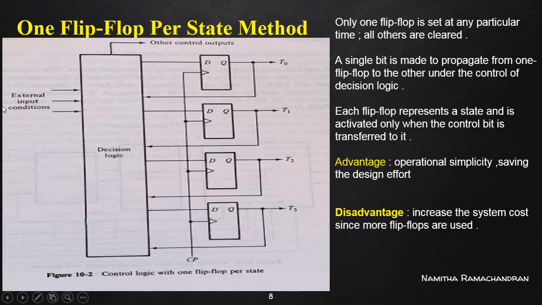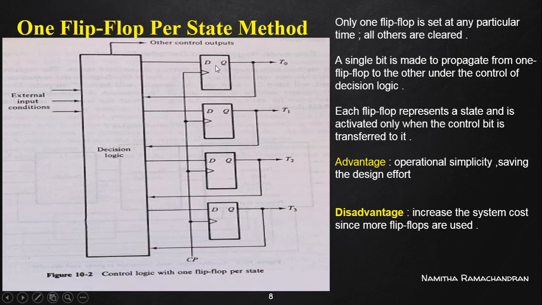That means with respect to the current external input condition, this decision logic wants to activate state T1 now. So the decision logic tries to activate this flip-flop. For activating this particular flip-flop, what do we want to do? We want to get the control bit here now.